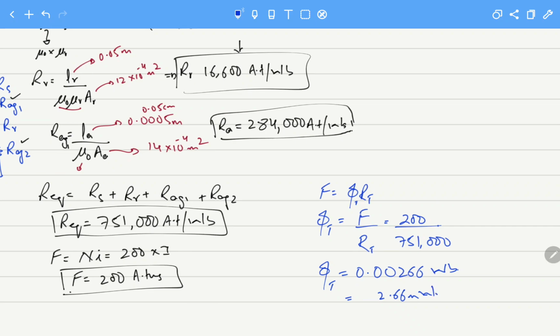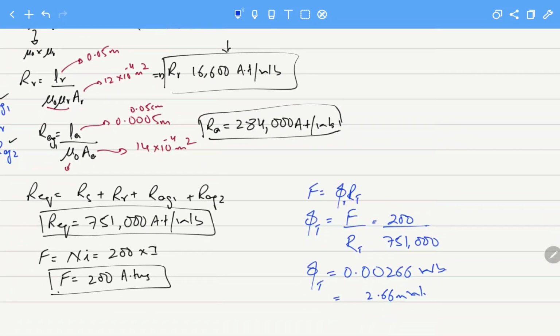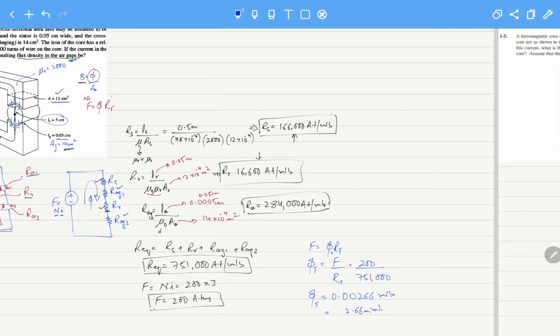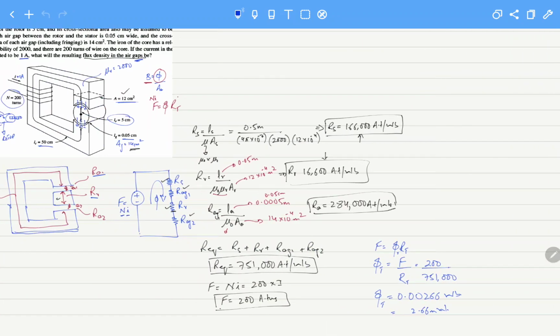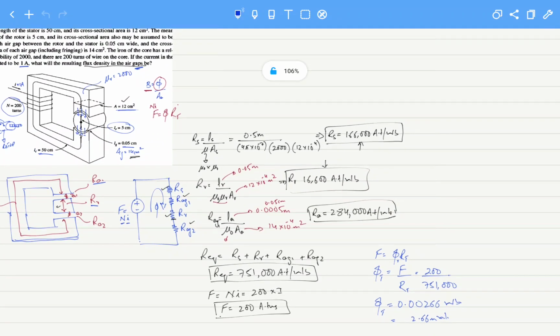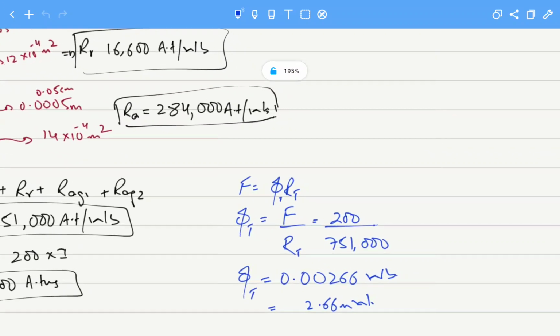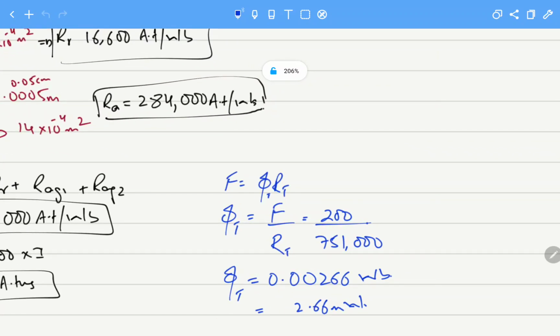Now we have this, and we have to calculate flux density in the air gaps. This can now be easily calculated, and the flux density through the air gap will be B equal to flux total divided by area of the air gap.